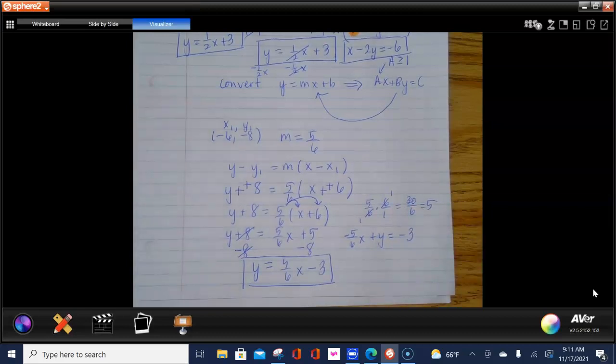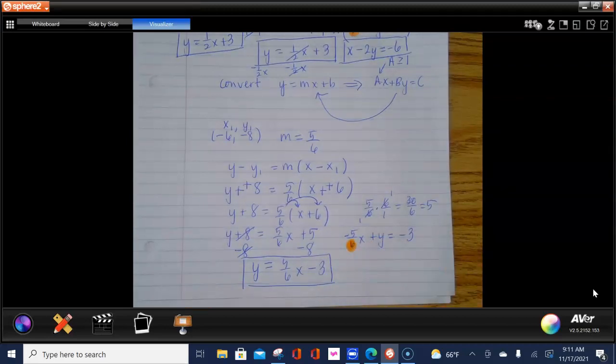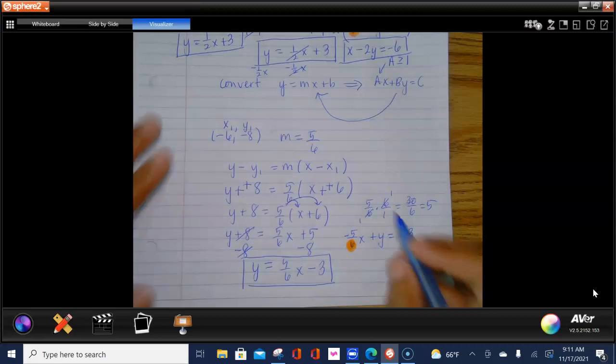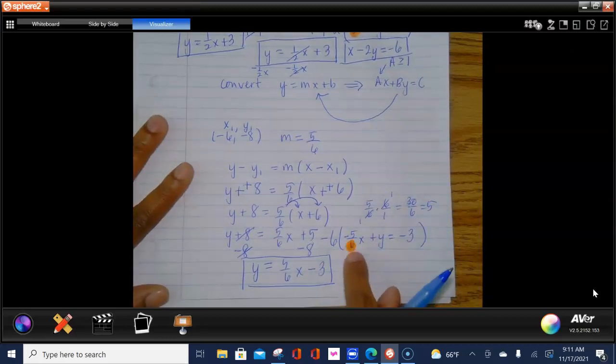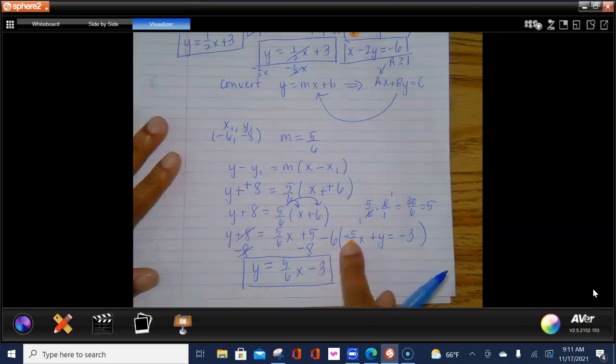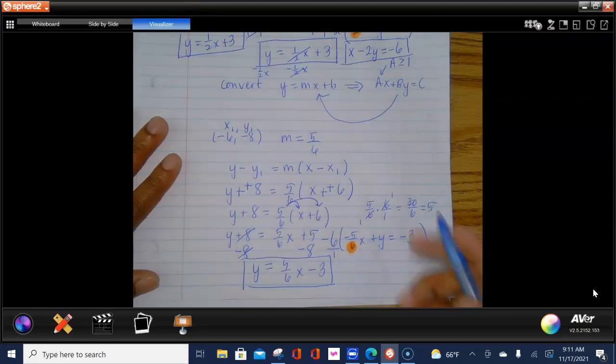And again, remember, if you want to make a positive and a whole number, multiply by whatever number's in the denominator of that fraction, but I have to make it a -6 because this was a negative fraction, because a negative times a negative will give me a positive. All right, guys, you see that? So when I do this math here, and if you need to see how I'm getting the answer 5x, it's because I'm doing -6 times -5, which is 30. 30 divided by 6 is 5x.